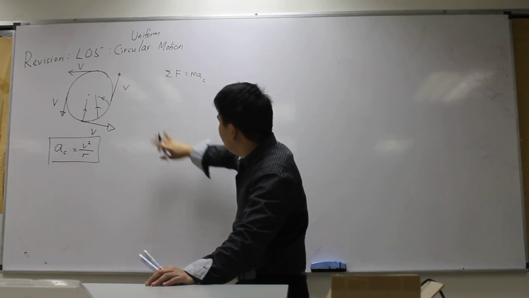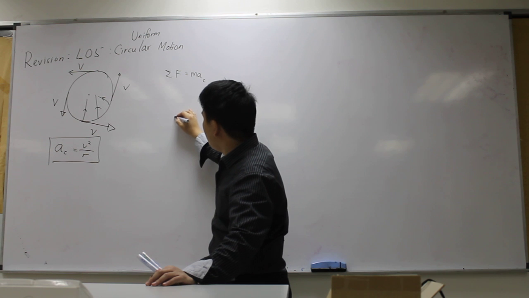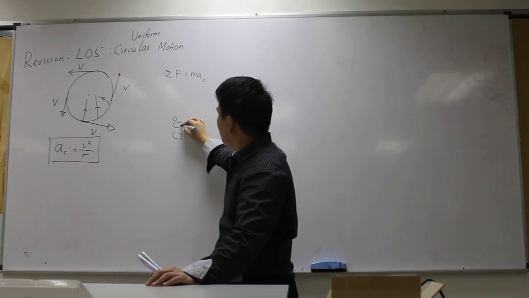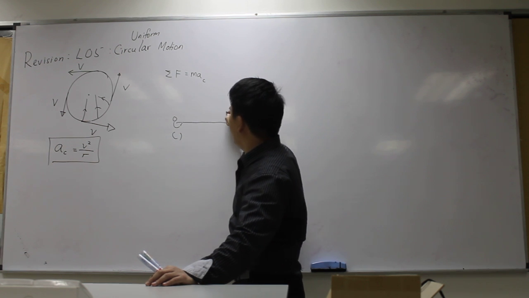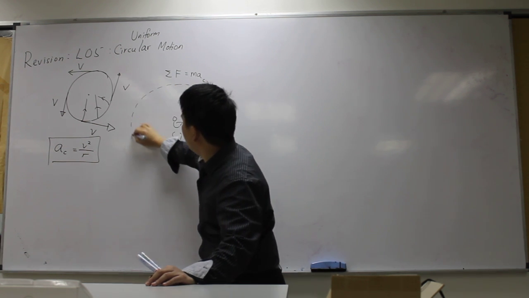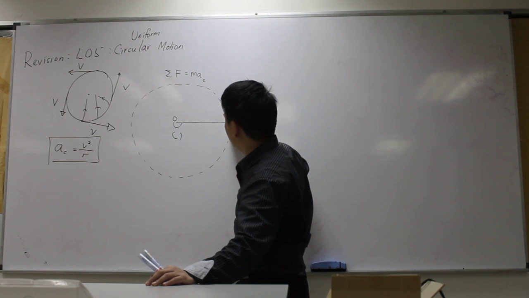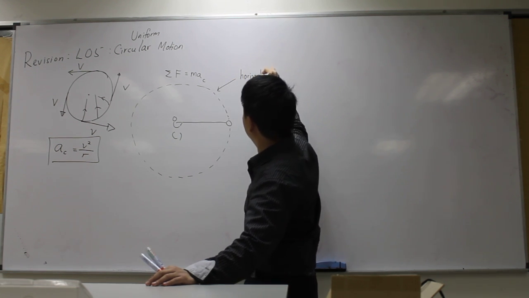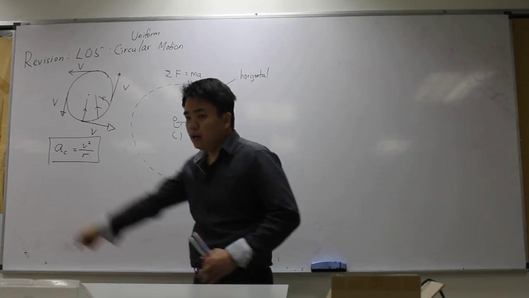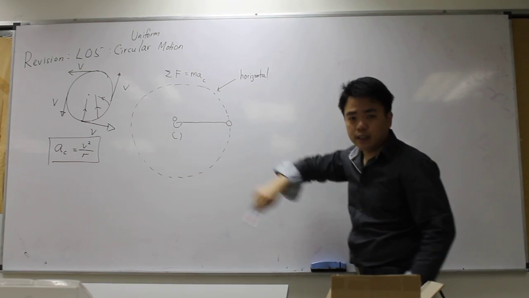Let's say this is a horizontal surface, and we use a string with a ball attached at the end, and we make a circular motion. But as I say, it's a horizontal circle, which means it's not a vertical circle.